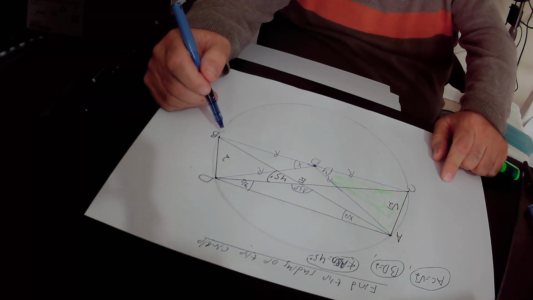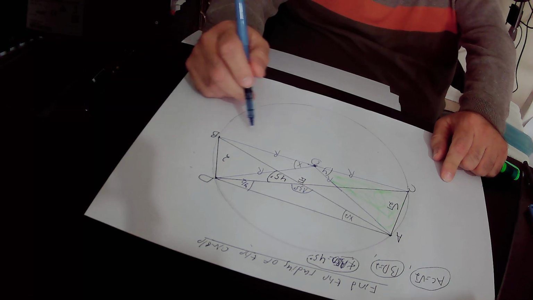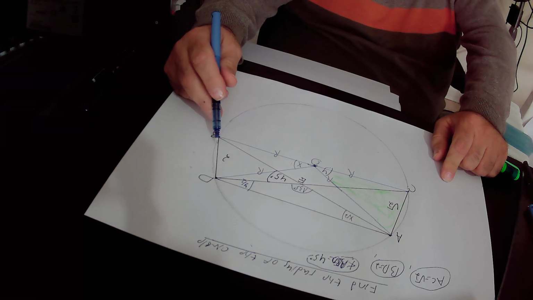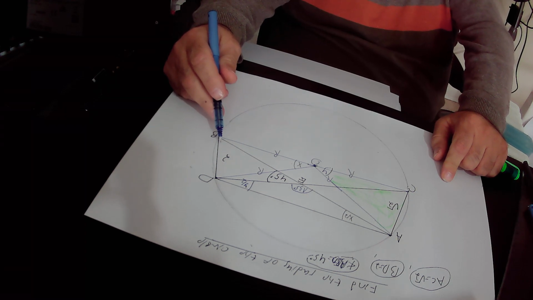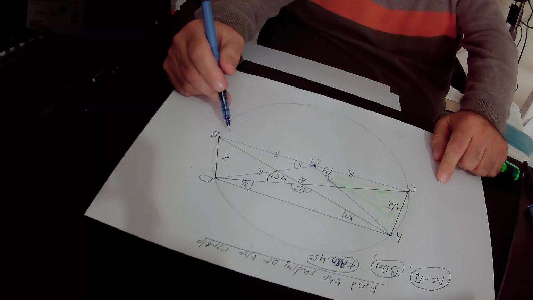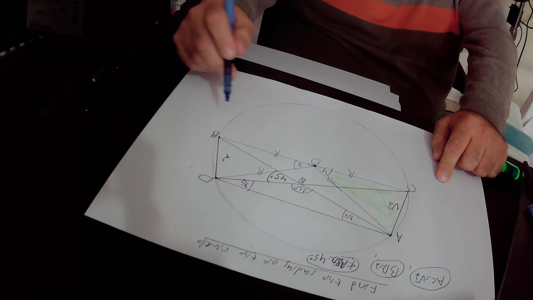Why? Because it doesn't pass through the center of the circle, and therefore it must be shorter than the diameter. Why? Because the diameter of a circle is the longest chord in the circle. Okay?